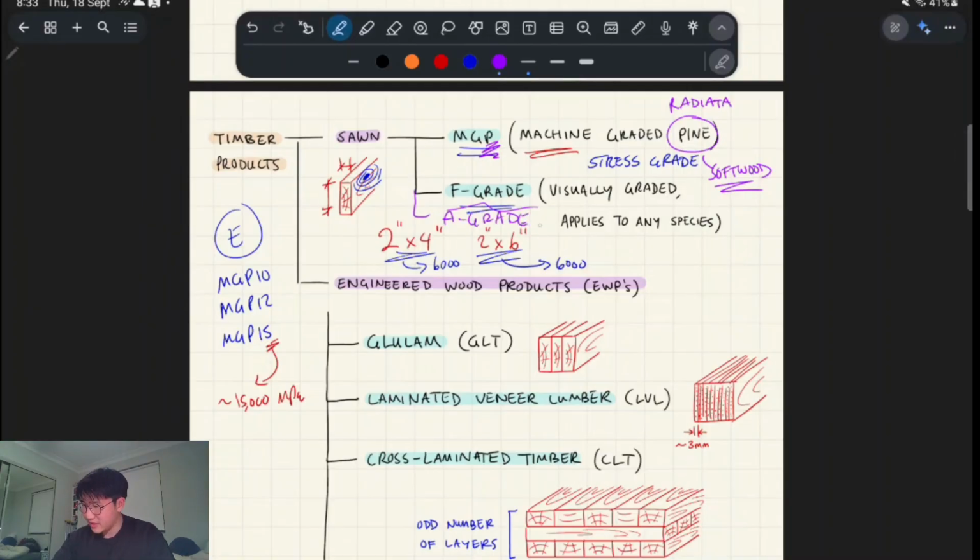This is similar to F grade, but I think it applies specifically to ash, which is sometimes called mountain ash, big ash in Australia, Victorian ash, alpine ash, I think. Generally it's still the same thing, a visually graded hardwood species, which I'll talk about in a bit. But yeah, so sawn timber, that's how it works.